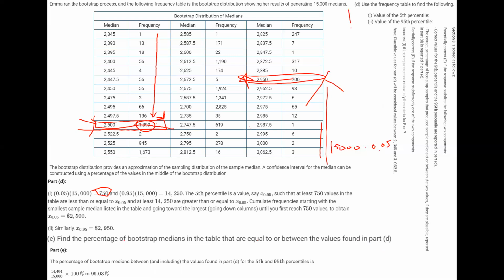So basically what they did was you do, sorry, 14,404. So it's equal to or in between. So basically what they did was, oh, no, let's do it this way.